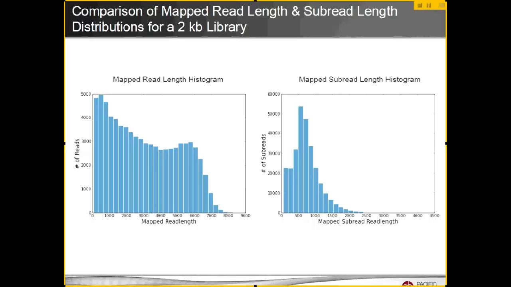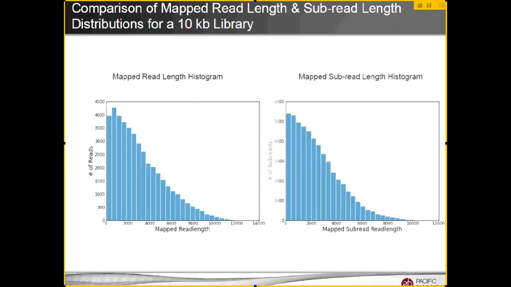This is good because it tells you the majority of your reads are about 4,000. The main reason you'd want to use PacBio is because they have long reads. So getting this histogram of the subreads shifted further and further over is really a better measure of how useful a particular run is for you than the raw number of bases that have been sequenced.